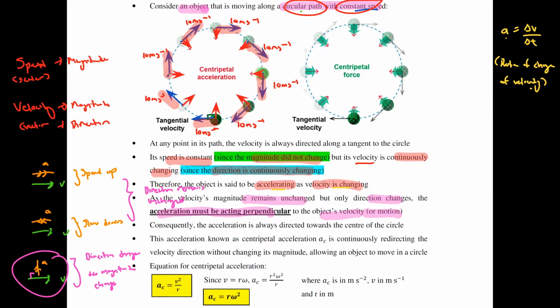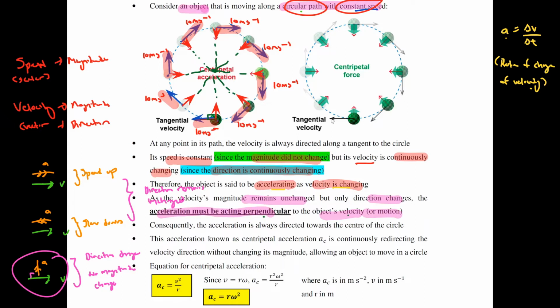Now, because your acceleration is always acting perpendicular to your velocity, your acceleration is always directed towards the center of the circle. You see, if I extrapolate the arrows for all of the accelerations indicated here, they all seem to be pointed towards the center of the circle.